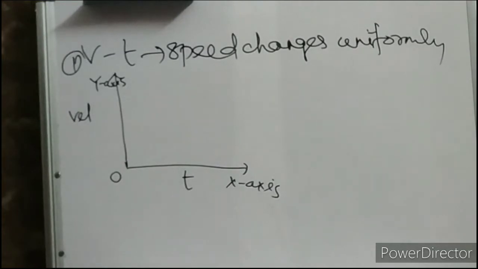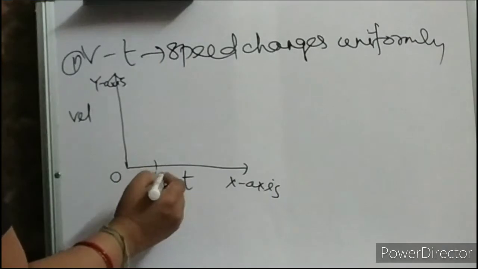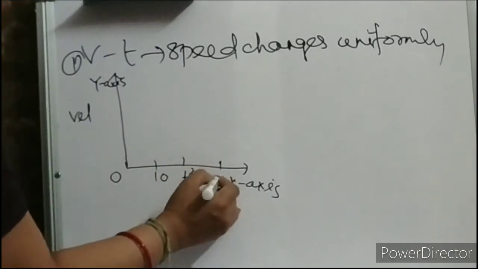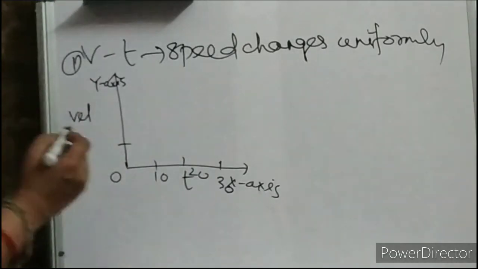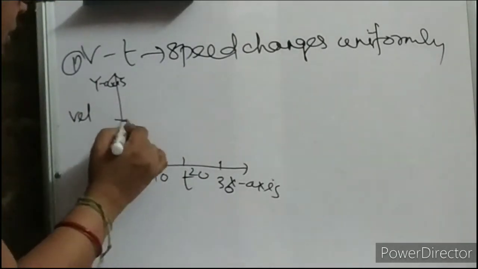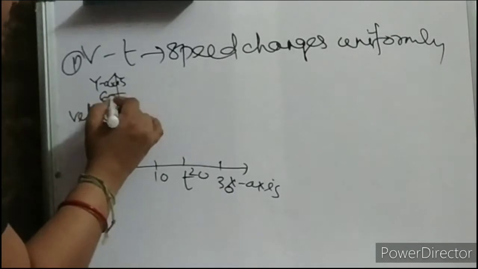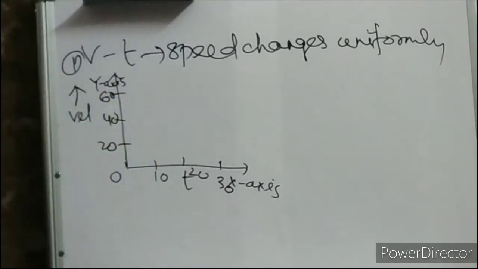Okay? In first 10 seconds, suppose in first 10 seconds, 10, 20, 30 like this. Here in velocity graph, we can write 20, 40, 60. This is your velocity. Okay children?